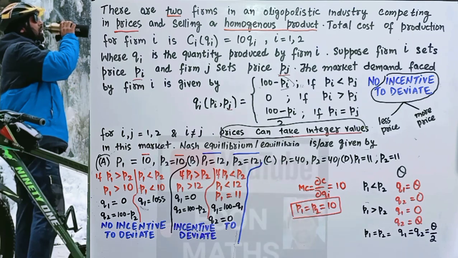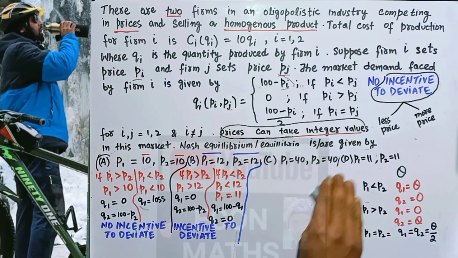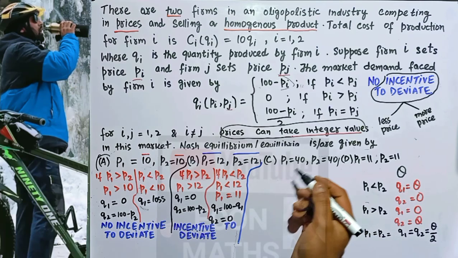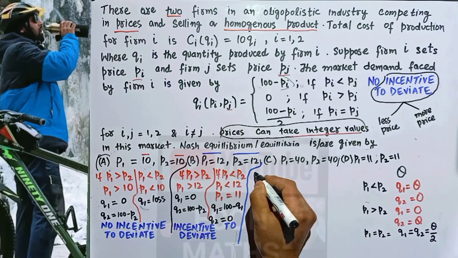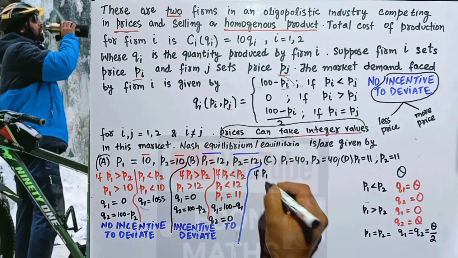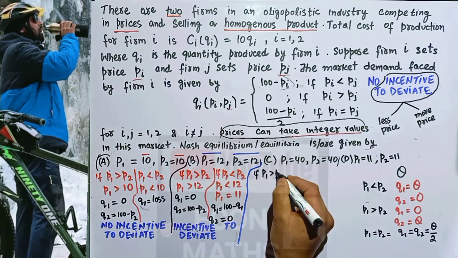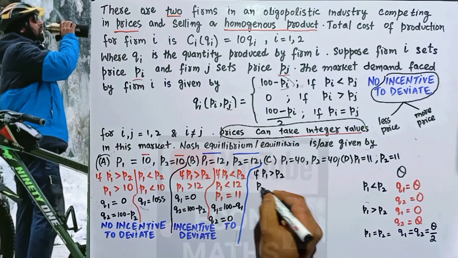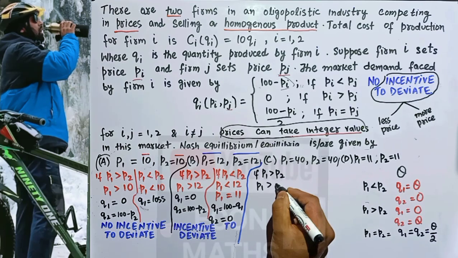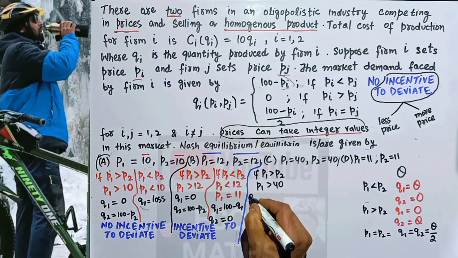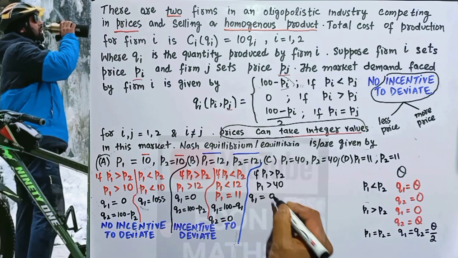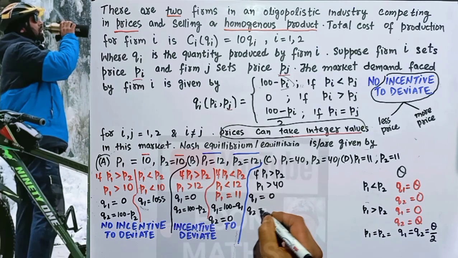Let's take the third scenario, and for that let me rub this out. You know, marginal cost is given to us here. Same logic. If the price charged by firm 1 is greater than the price charged by firm 2, that means P1 is greater than 40. That means firm 1 will get 0 share of the market and firm 2 will get all the share.